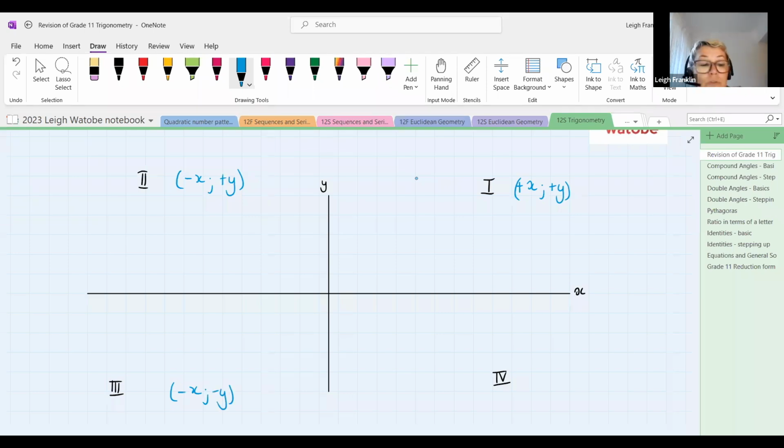And in quadrant 4, X is positive and Y is negative. So it's very important to remember that X and Y change sign depending on which quadrant we are working in, especially when we're doing questions on Pythagoras.